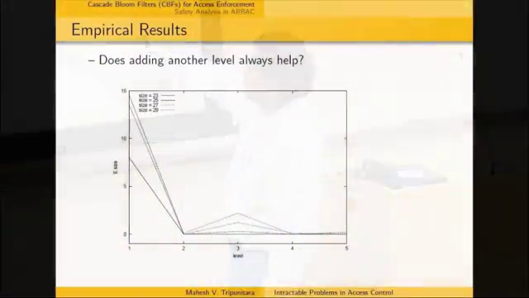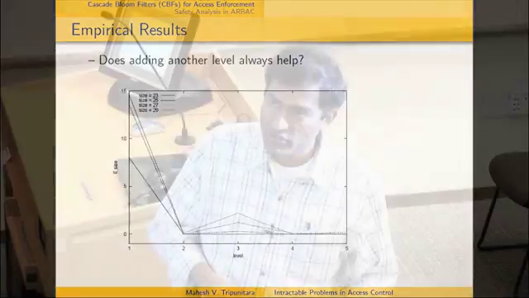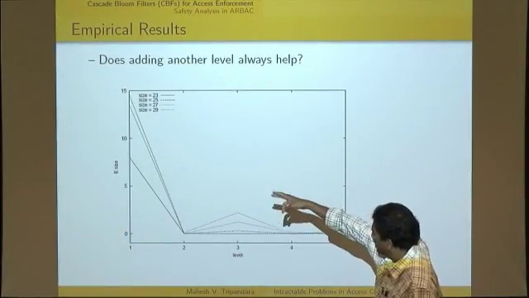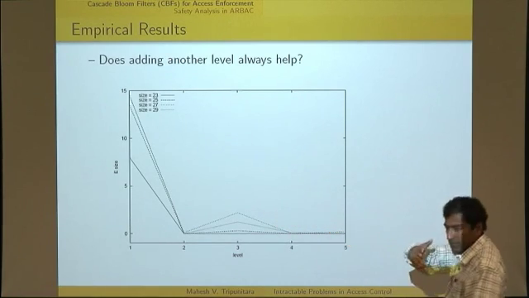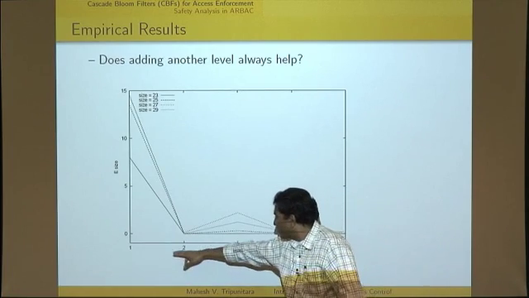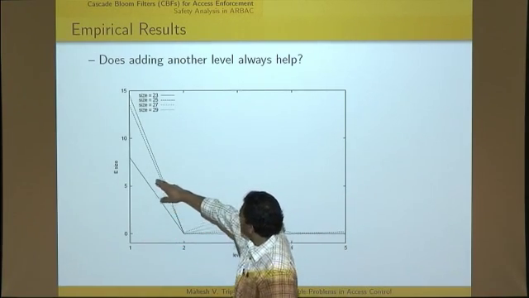So here's another question. Does adding another level always help? And the answer is no. So again, here we're using E size, not the query time, as a goodness criteria. And basically, here we're adding levels.